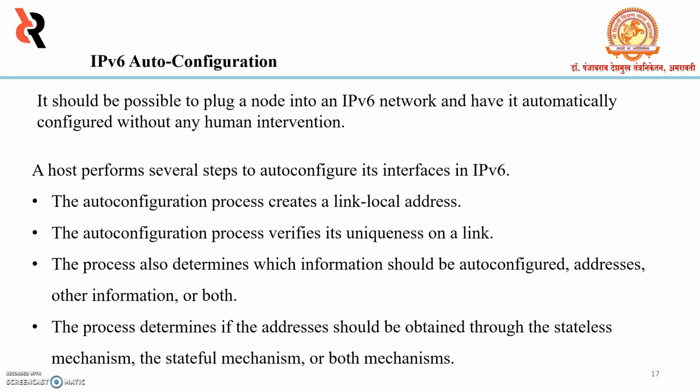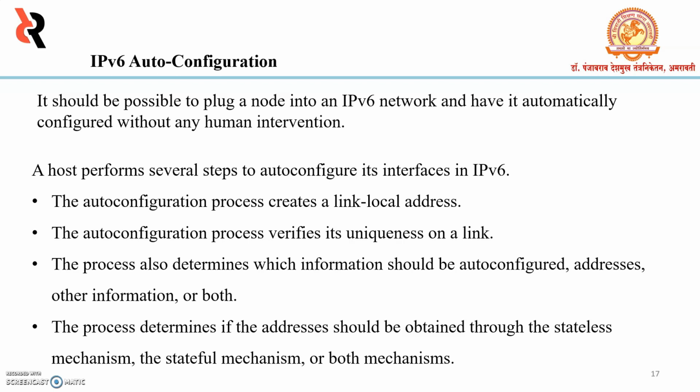Let us see IP version 6 autoconfiguration. One important goal for IP version 6 is to support node plug and play. That is, it should be possible to plug a node into an IPv6 network and have it automatically configure without any human intervention.